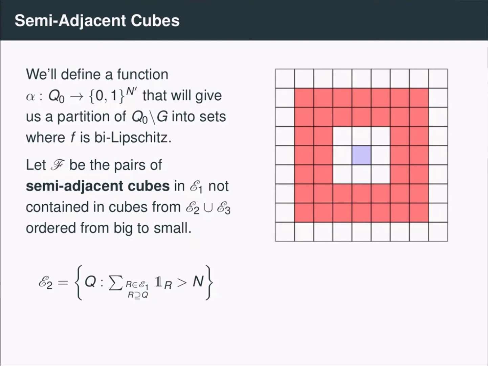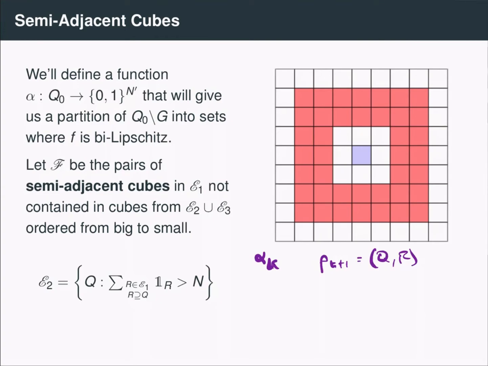Furthermore, we order the cubes in curly F from largest to smallest. Okay, so suppose that we have defined our function alpha k, and we've come to the k plus first pair in curly F. So we run down our list of pairs, and each time we get a new pair, we adjust the definition of our function alpha k.